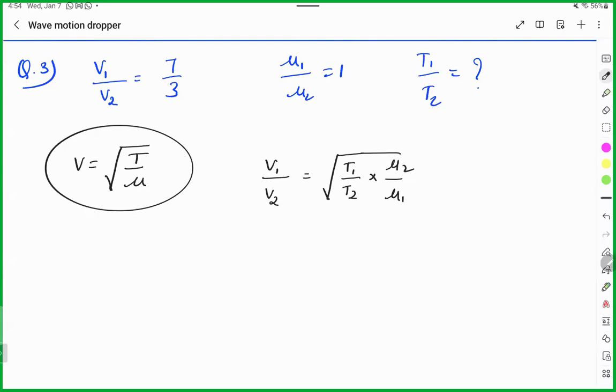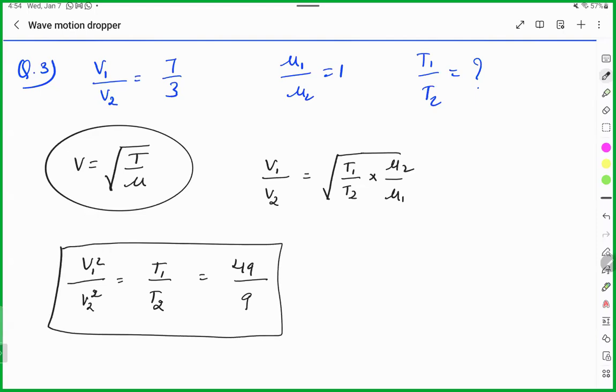If you take square, V1 square by V2 square is equal to T1 by T2 times nu2 by nu1. We have to calculate T1 by T2. What is nu1 by nu2? 1. That's why it will be like this only. What is the V1 value? 7 square, 49. V2 value? Tell me, guys. Any doubts? No, sir.